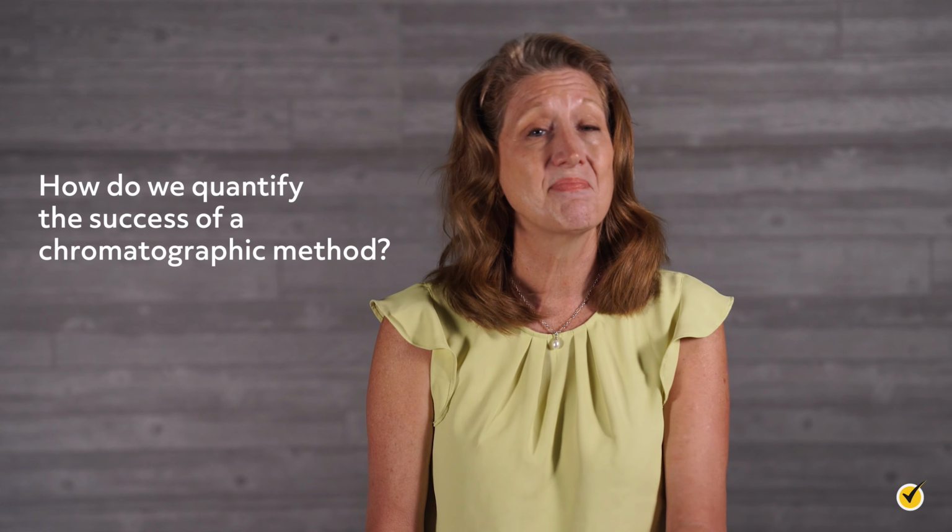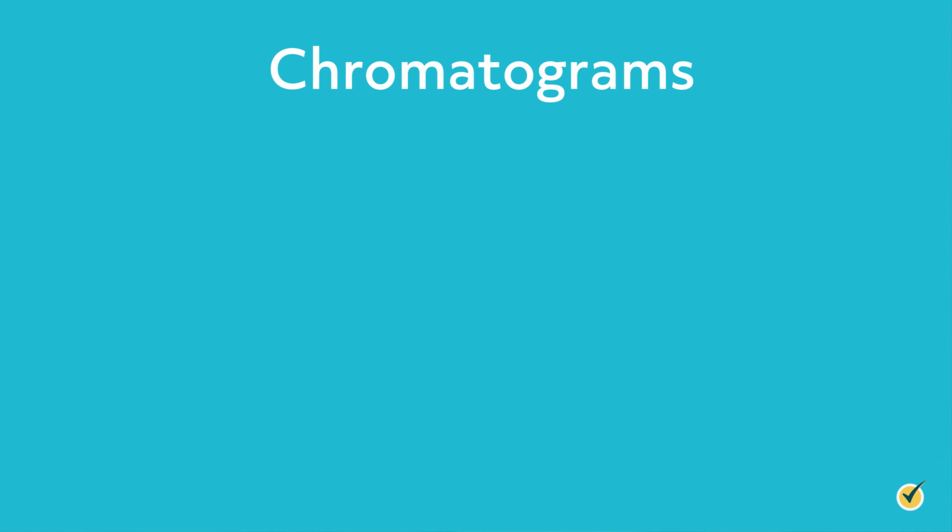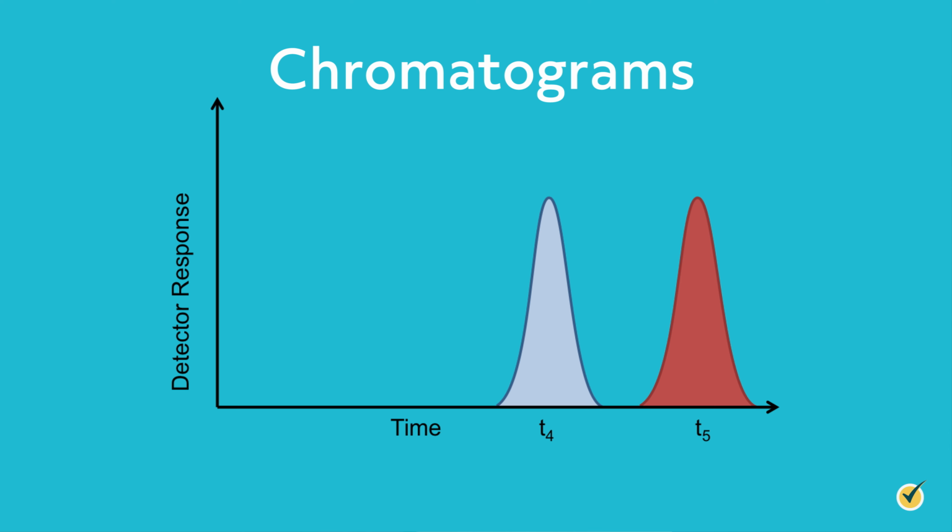For that, we'll need to return to our chromatogram. The most important result of chromatography is that the solutes are sufficiently separated. Let's look at a few different chromatograms to understand this further. This is an ideal chromatogram. The retention times for the two solutes are very different, and the peaks are narrow such that they are well separated.